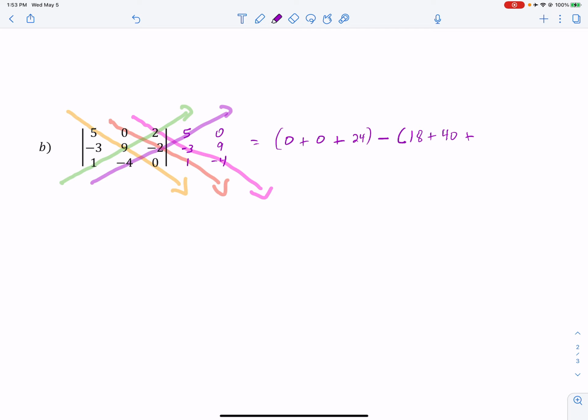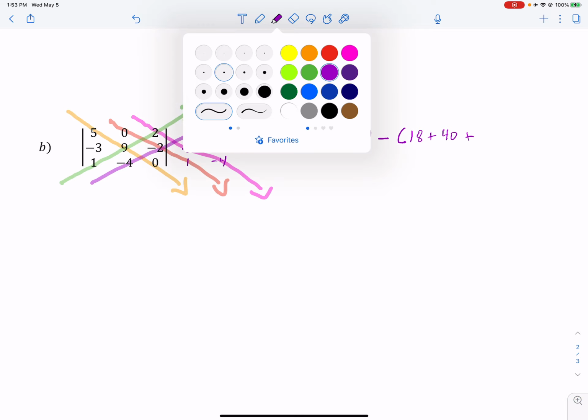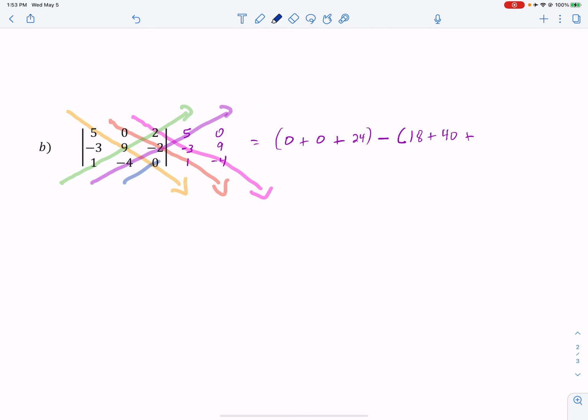And then the third diagonal, 0 times -3 times 0 is just going to be plus 0. So you get 24 minus the 58, which is a -34. That's it.